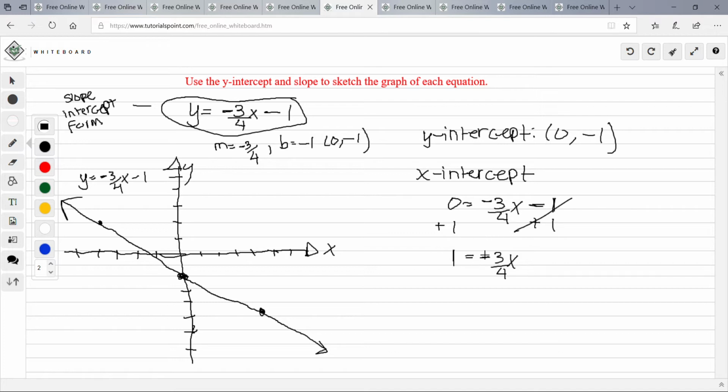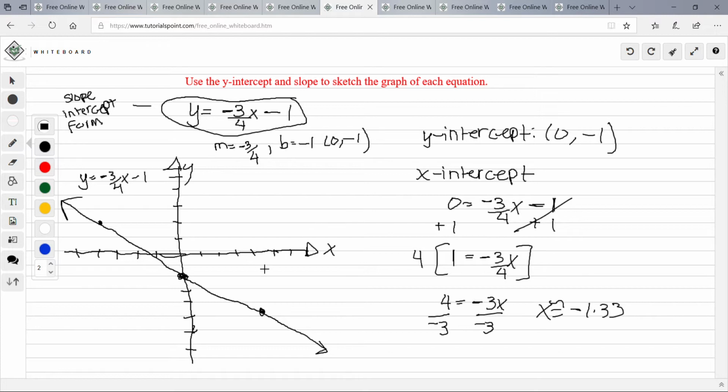Let's get rid of this 4, so I'm going to multiply everything by 4. So this 4 equals negative 3x. Then I'm going to divide everything by negative 3. And then x equals, 4 divided by negative 3 is about negative 1.33.